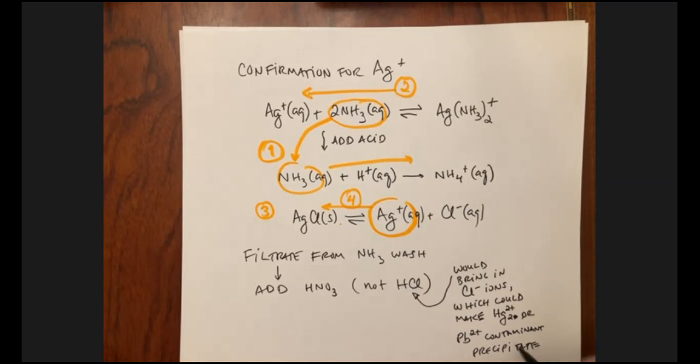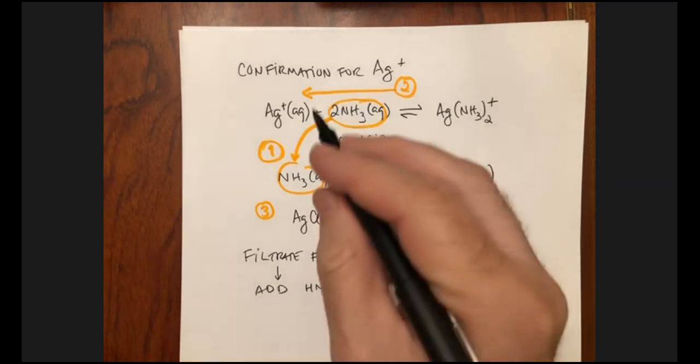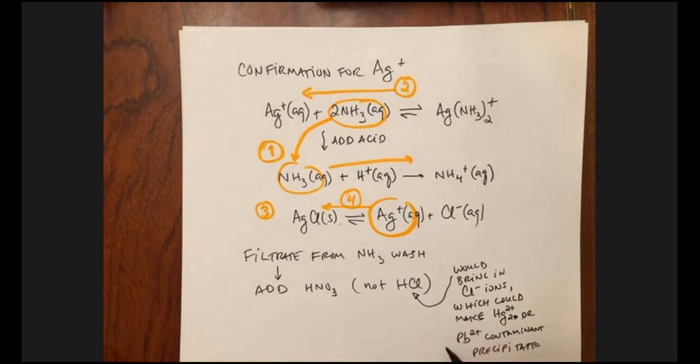That's why we don't want to use HCl at this point, because if anything leaked through from the other stages in the preparation, and it's sitting here, adding chloride ions is going to reprecipitate it anyway. We're trying to make sure that what precipitates here is exclusively silver.